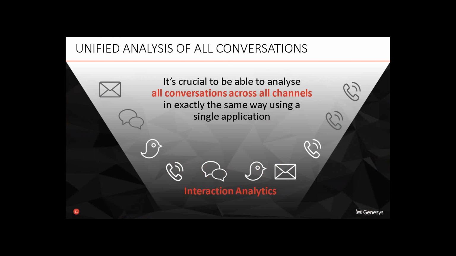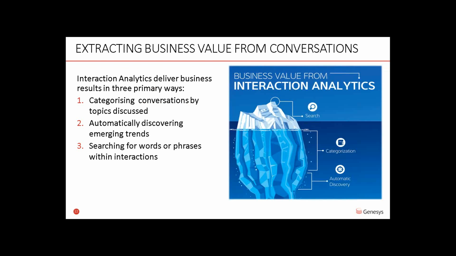Now, for the other key capabilities I mentioned, I think it's important to first talk about how interaction analytics extracts business value from conversations. Because I'd argue that interaction analytics delivers business value, business results in three primary ways.